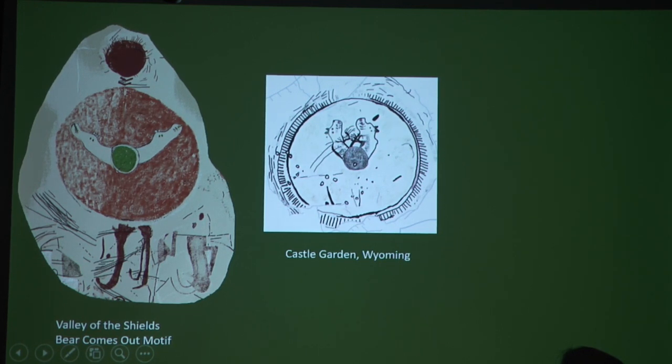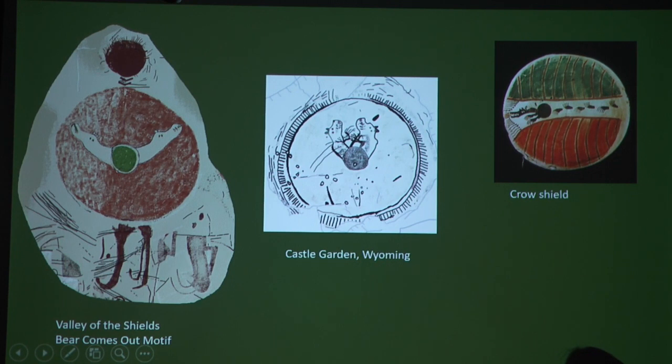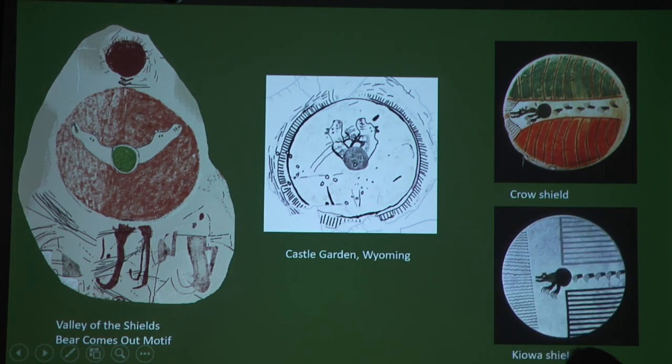And then, if we look at a Crow shield, we see that same doggone design with the bear comes out, and curiously enough, a Kiowa shield, where we have that same design, the bear comes out motif. Those two shields are very close to each other. And in fact, not too many people know this, but you're going to learn a little more about it in the next few minutes.